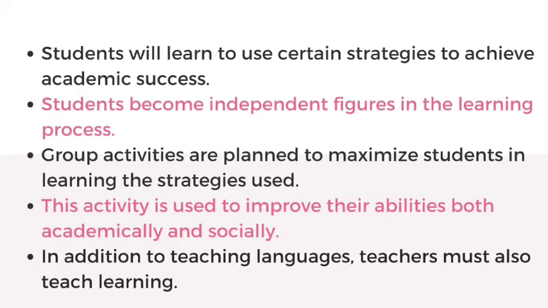Group activities are planned to maximize students in learning the strategies used. This activity is used to improve their abilities, both academically and socially. In addition to teaching language, teachers must also teach learning.